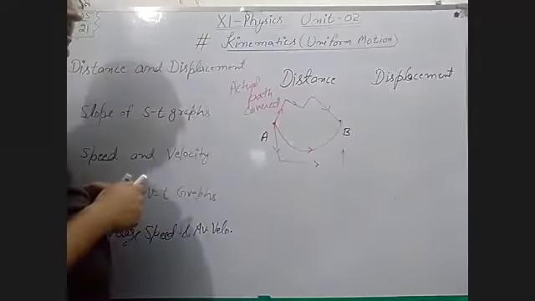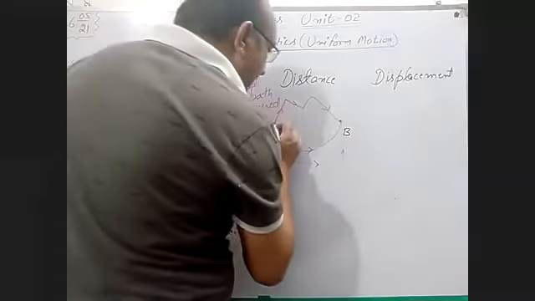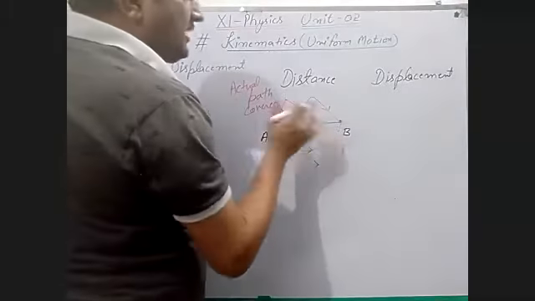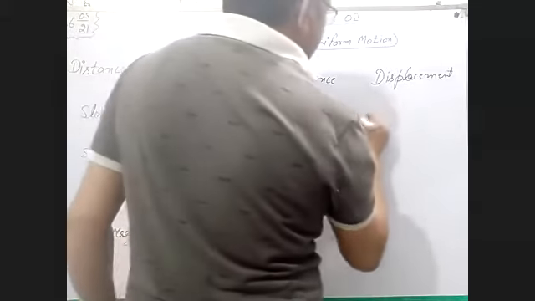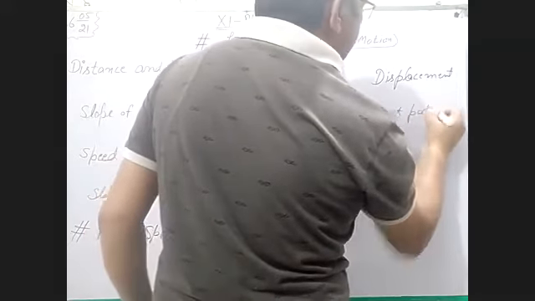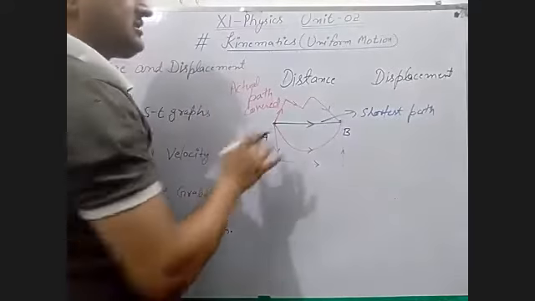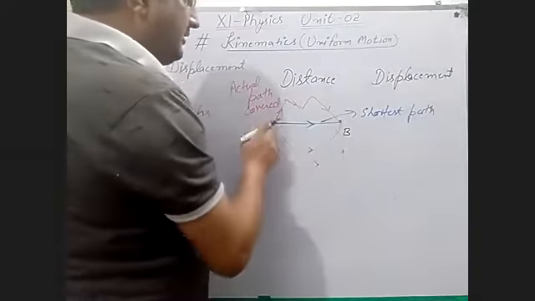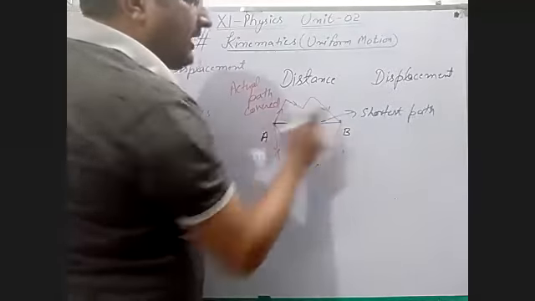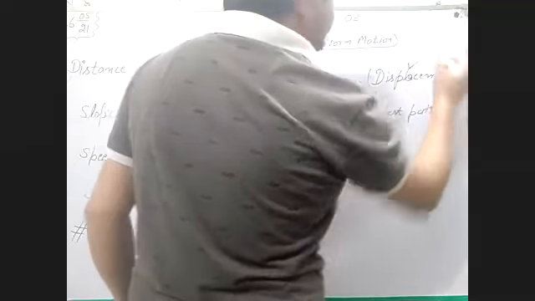then you can take this as distance. But when you are taking this path, this is the shortest path. This is the only shortest path by which you can cover this gap from A to B, and this shortest path is called displacement.